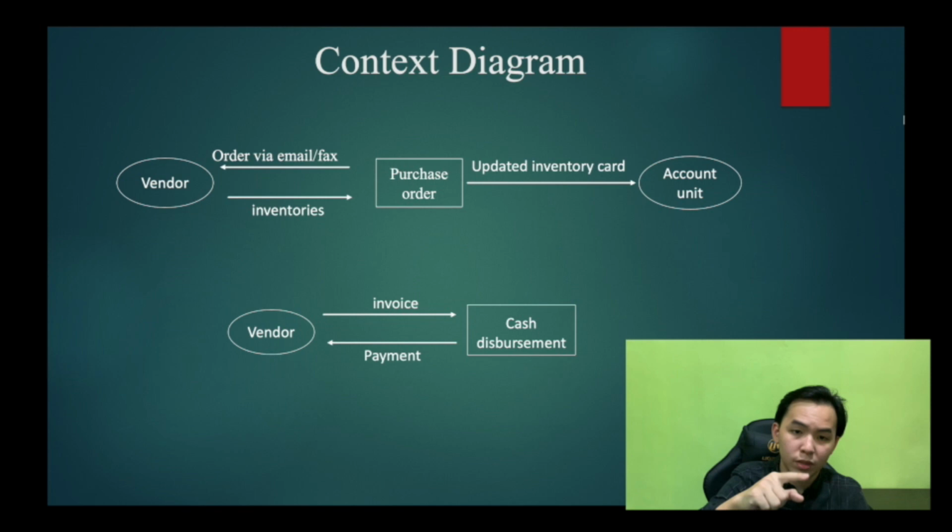After that, purchase order updates the inventory card to account unit. That's for purchase order. And then for cash disbursement, vendor sends invoice to cash disbursement, and then the cash disbursement sends payment to vendor. That's all for context diagram.